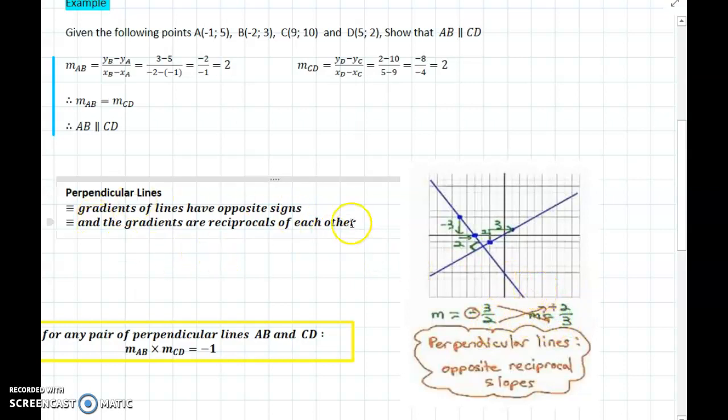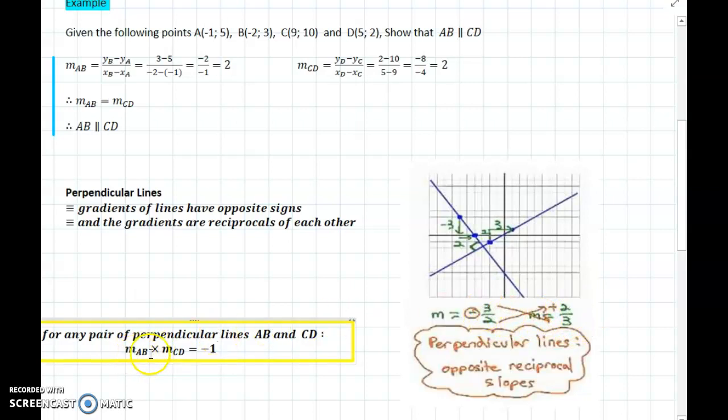If we put these two facts together, we can say for any pair of perpendicular lines, AB and CD, the product of their gradients will be minus 1. Because when we multiply a negative times a positive, it's going to give a negative, and when you multiply reciprocals, it gives you 1.